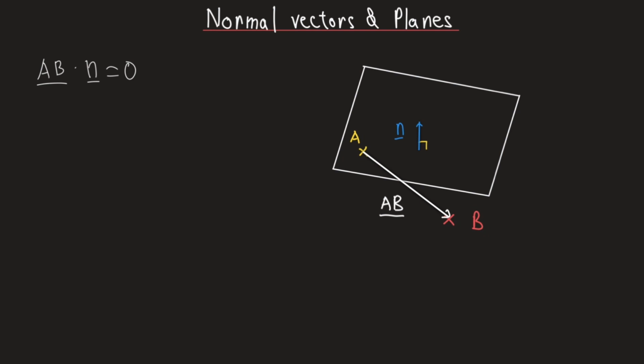To prove why this is the case, let's consider what we call the orthographic projection of point B onto our plane. The orthographic projection of point B onto the plane is the projection of B, which is therefore a point, because B is a point and therefore its projection will also be a point.